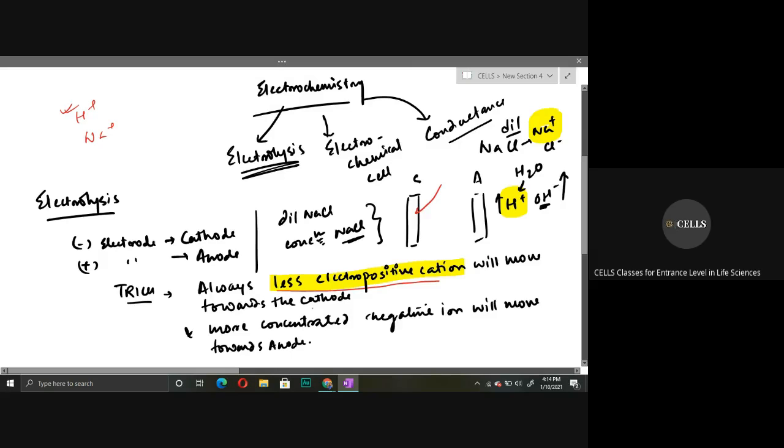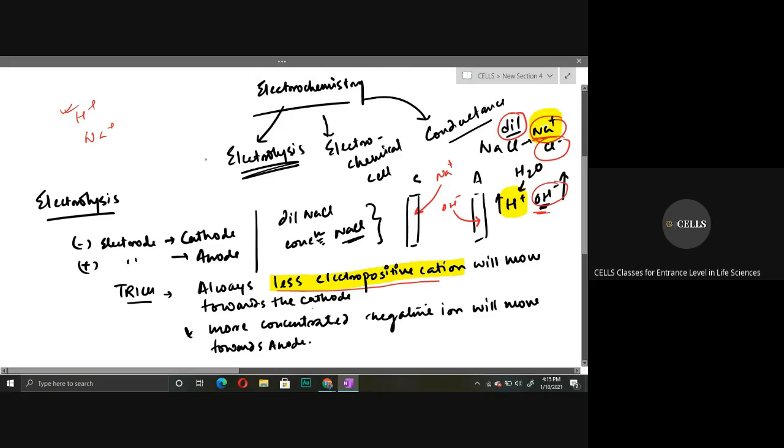So H plus will move towards the cathode. And the more concentrated negative ion: there are two negative ions, Cl minus and OH minus. Which negative ion is higher in number? More concentrated means higher in number. OH minus, because it is a dilute NaCl. Now, OH minus will move towards the anode. This is the basic understanding.